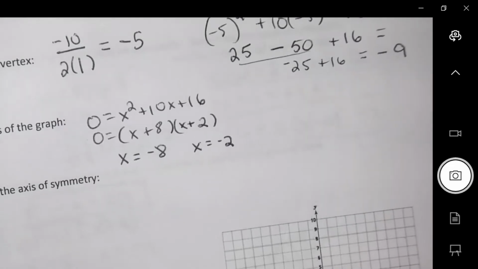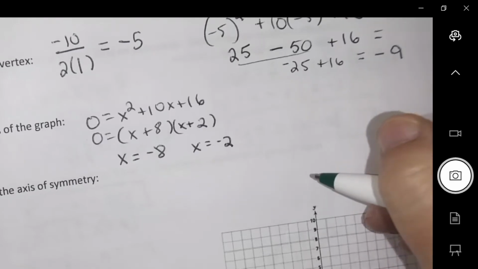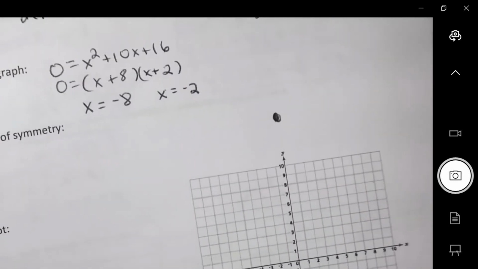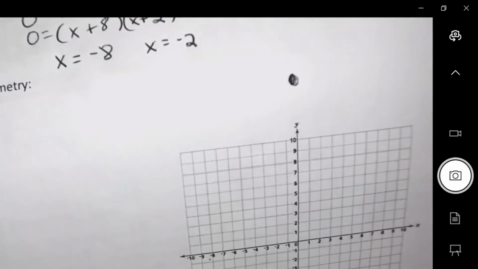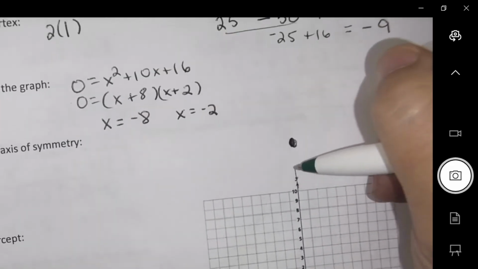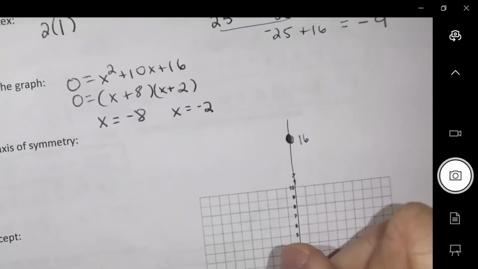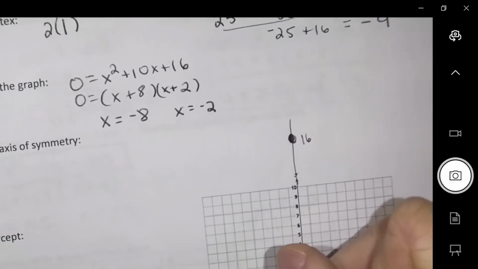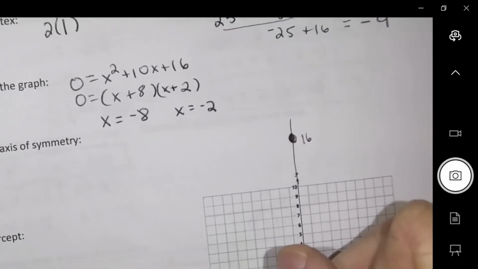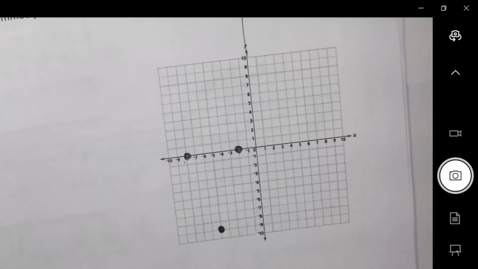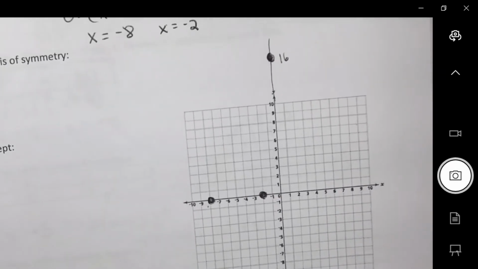I'm going to draw a point. I'm going to kind of pretend there's a 16 on there. And what else do we have? (-2, -8).